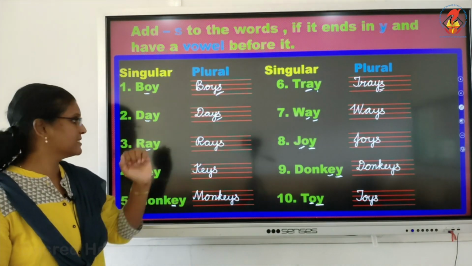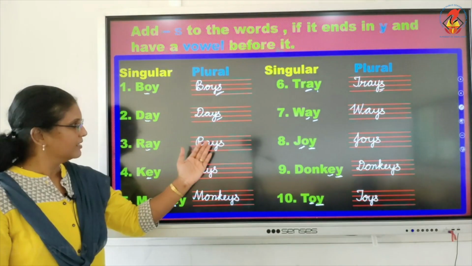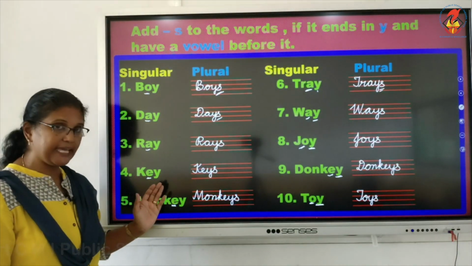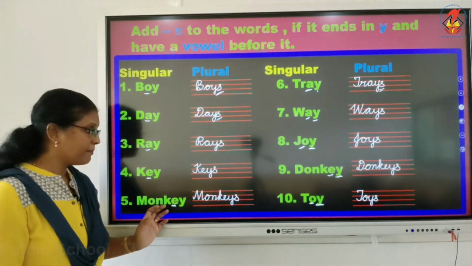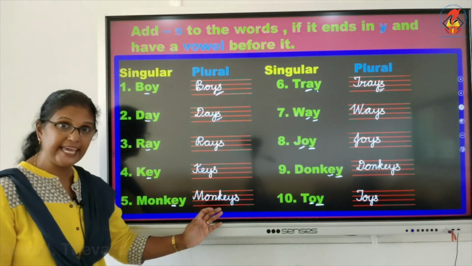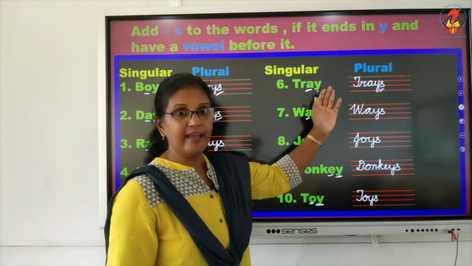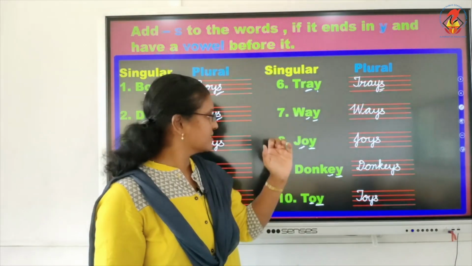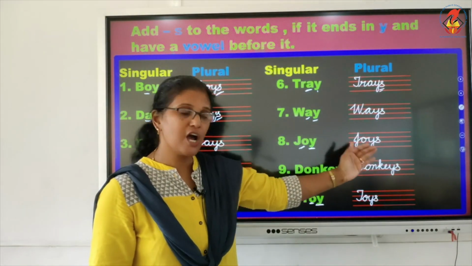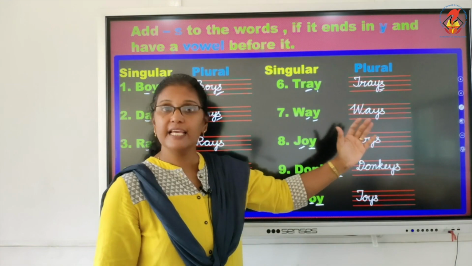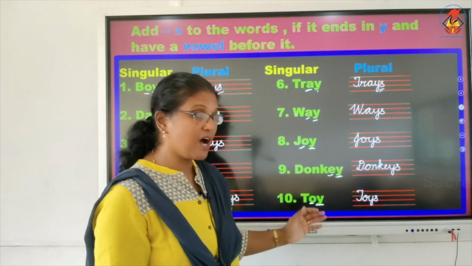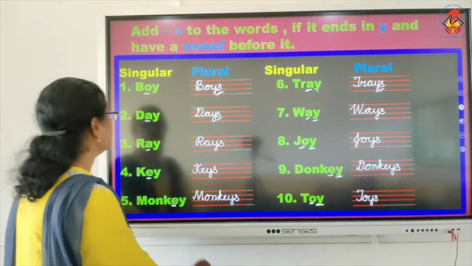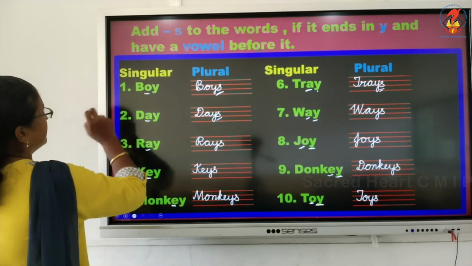Day, days. Ray, rays. Key, keys. Monkey, monkeys. Tray, trays. Way, ways. Joy, joys. Donkey, donkeys. Toy, toys.